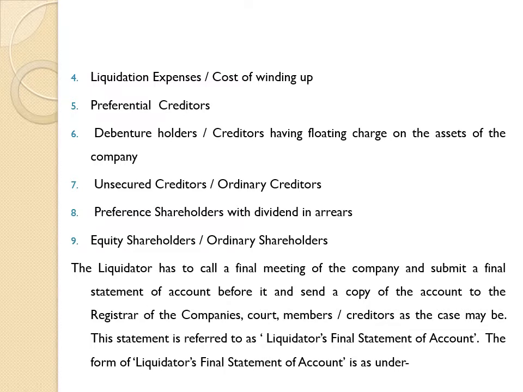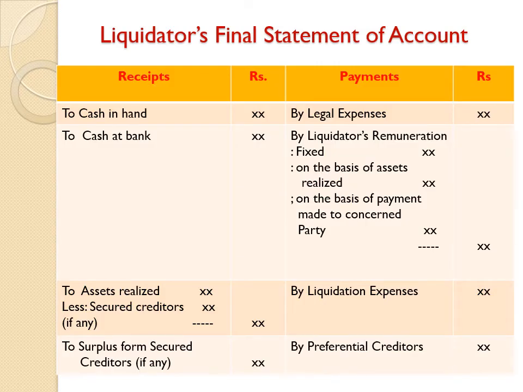The general format is given here regarding the liquidator's final statement of account. Firstly, we are concerned with the receipt side. Under the receipt side, the following items are recorded. Firstly, cash in hand, as given in the balance sheet.